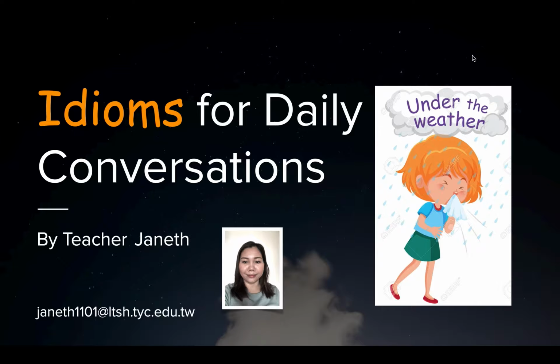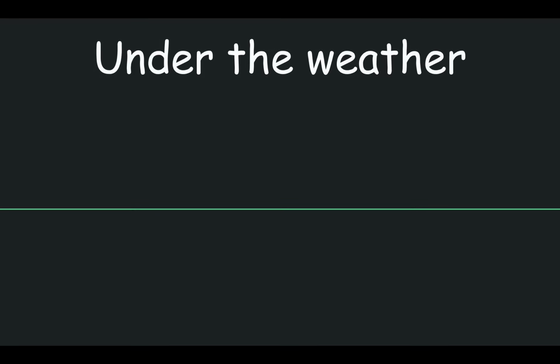In our first slide, under the weather. What does under the weather mean? Let's proceed. Under the weather. When we say under, it's the opposite of over, or on top. When we say weather, it's like sunny, rainy, snowy, things like that.